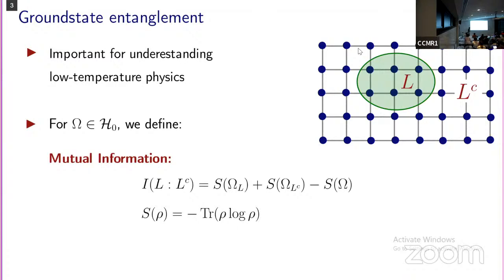To quantify that, one useful quantity is the mutual information. This is the well-known formula for mutual information. I can ask, for a typical ground state in such a system, how much mutual information I have across the system.